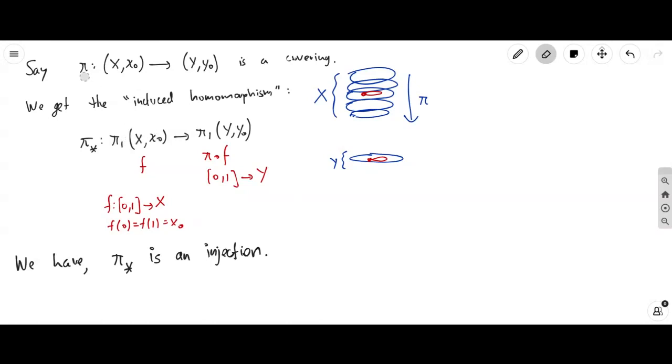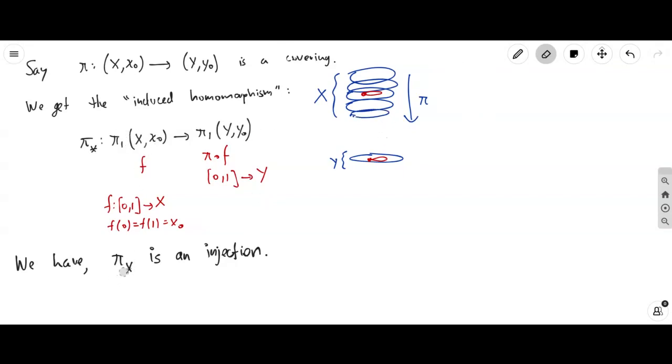In general, if you just have a continuous mapping between topological spaces, and it is injective, the induced mapping does not need to be injective. If it is surjective, the induced mapping does not need to be surjective. In this situation, it's a little funny, because the covering mapping is a surjective mapping, but the induced mapping becomes injective. It might sound funny, but that's just the way it works out. So pi star is an injection of this into that.